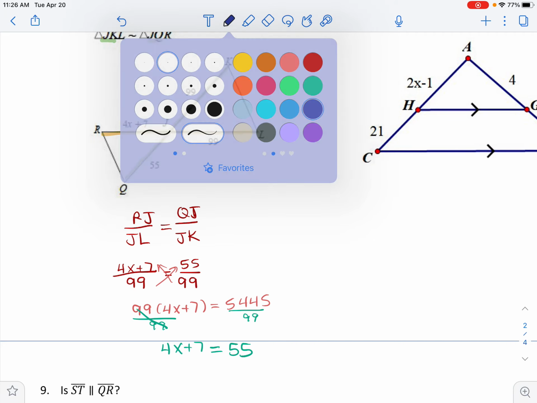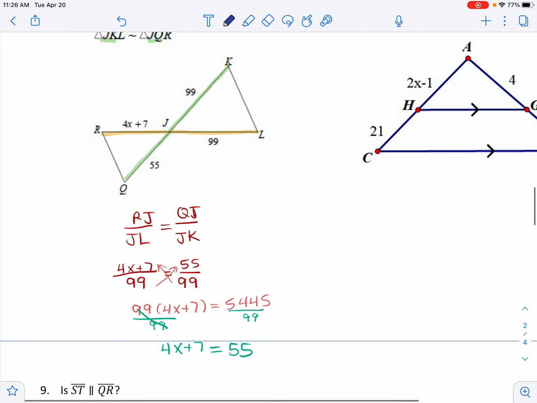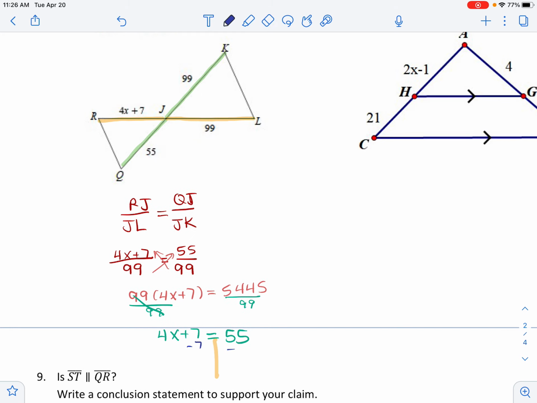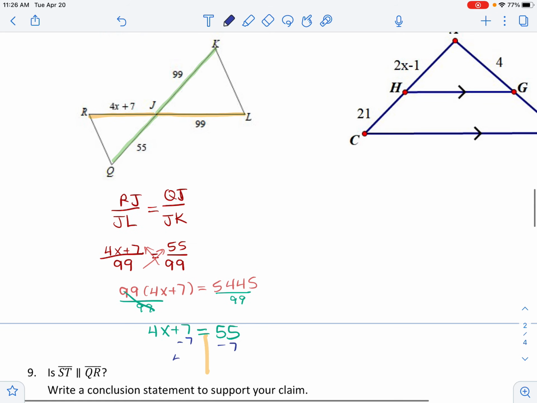You might need to draw down your line. And remember, we're doing opposites. I'm going to subtract 7 from both sides. So I get 4x equals 48. Divide both sides by 4, and x equals 12.